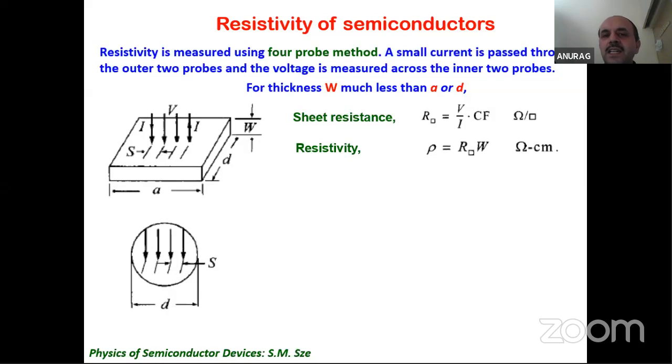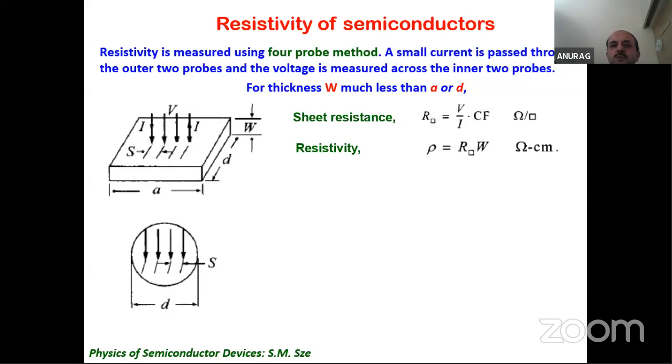But there is a lot of error in that resistivity measurement in a semiconductor. That kind of measurement gives you a huge error. So that's why the technique which is more reliable and more accurate is the 4-probe method.